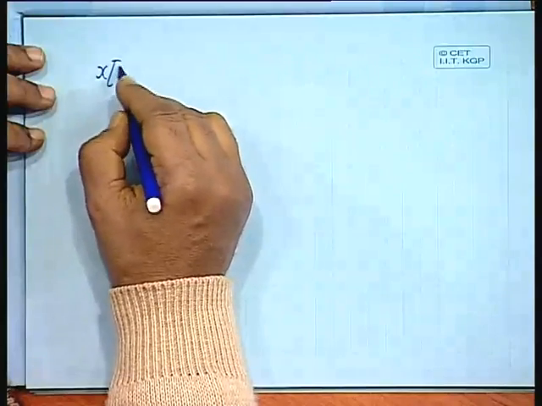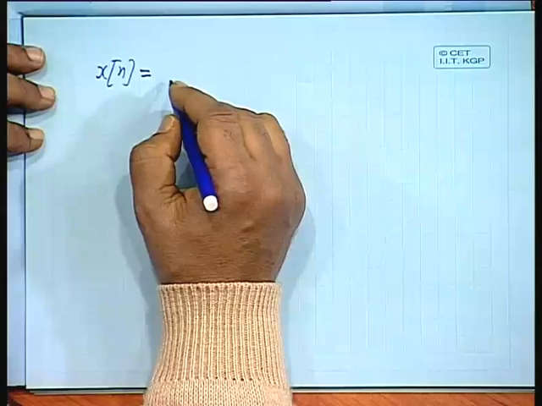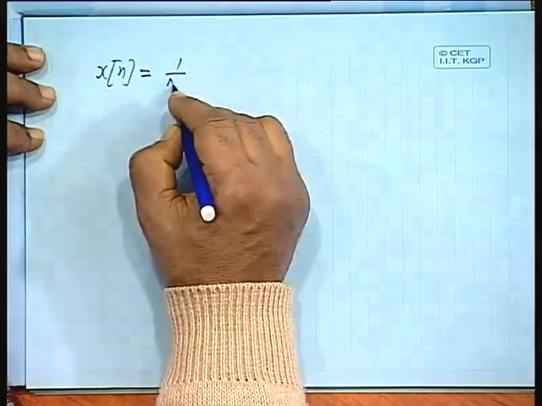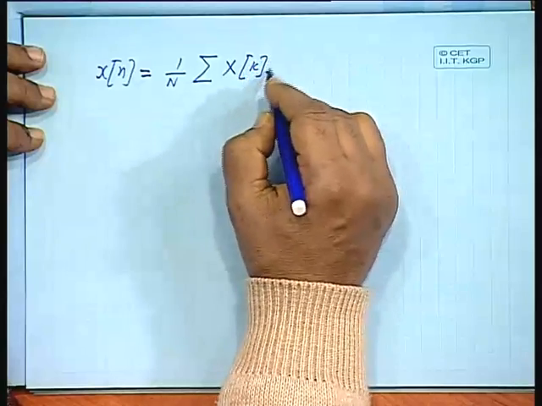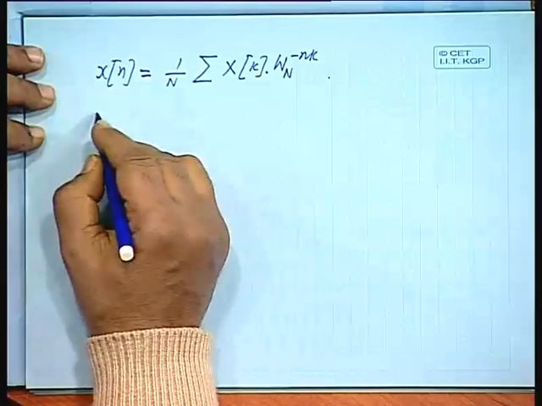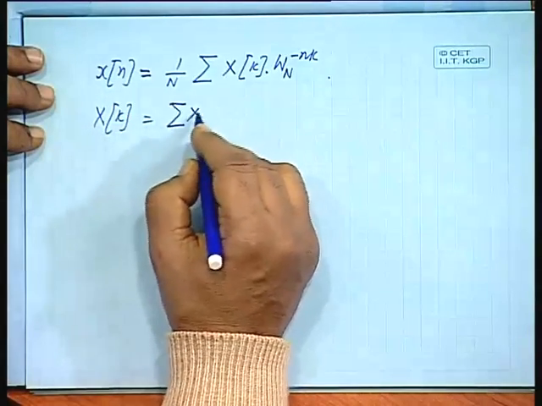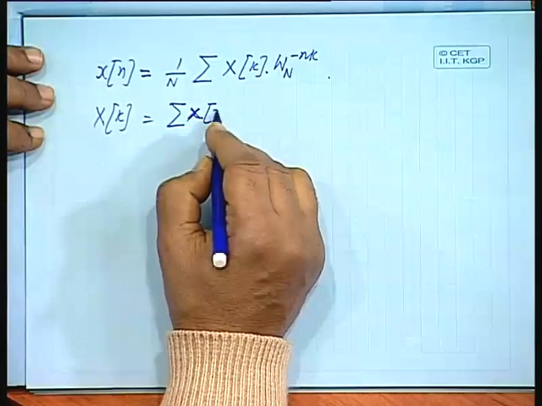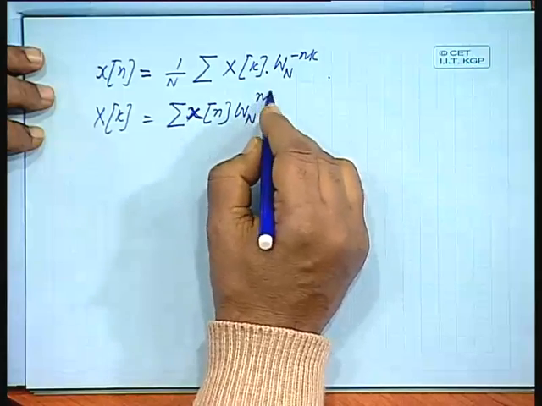The reverse relation, that is to get x[n] from X[k], is also very simple. It is 1/N times the sum of X[k] W_N^(-nk). See, the forward sequence was X[k] equals the sum of x[n] W_N^(nk).